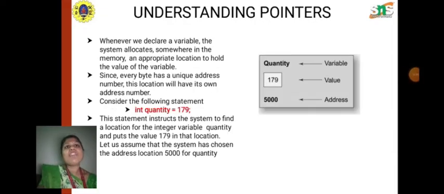Whenever we declare a variable, the system allocates somewhere in memory an appropriate location to hold the value of the variable. Since every byte has a unique address number and location, the variable will have its own address number. So here, int quantity = 179; the value is 179, quantity is the variable, and 5000 is its address.